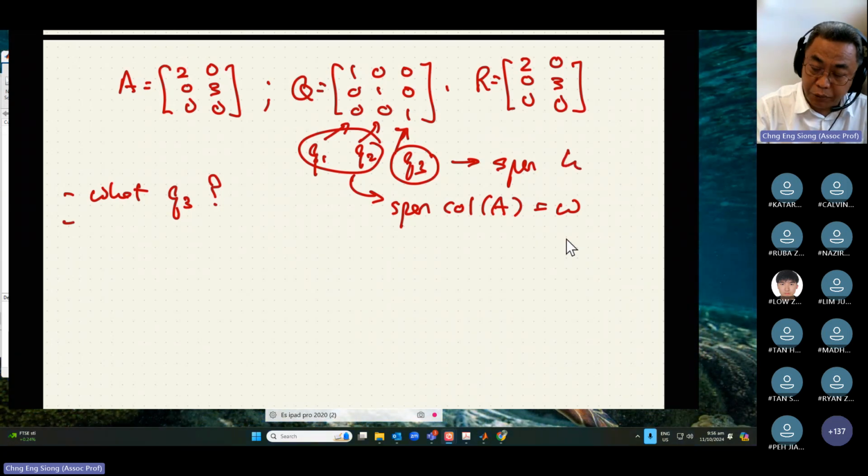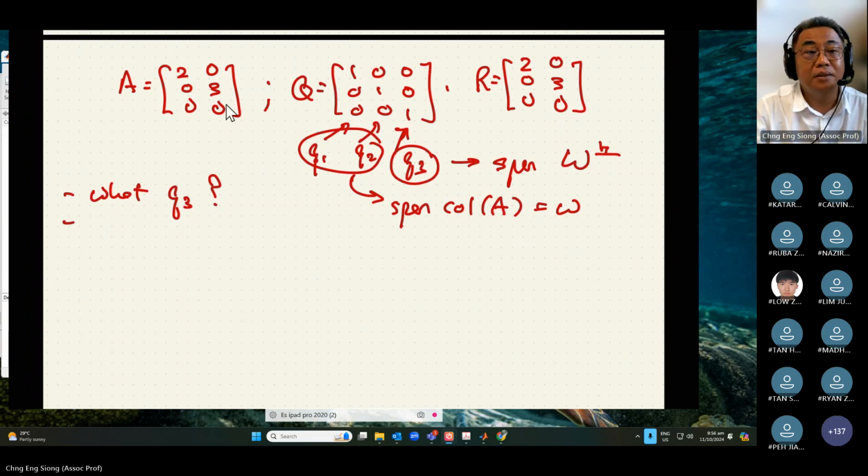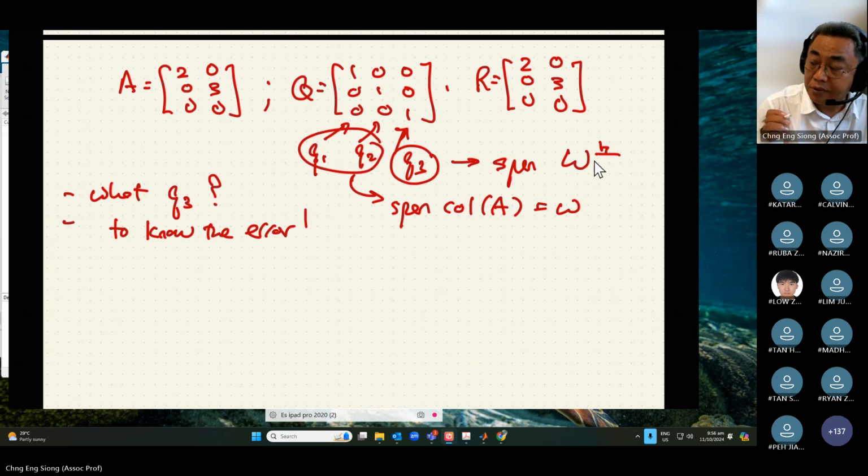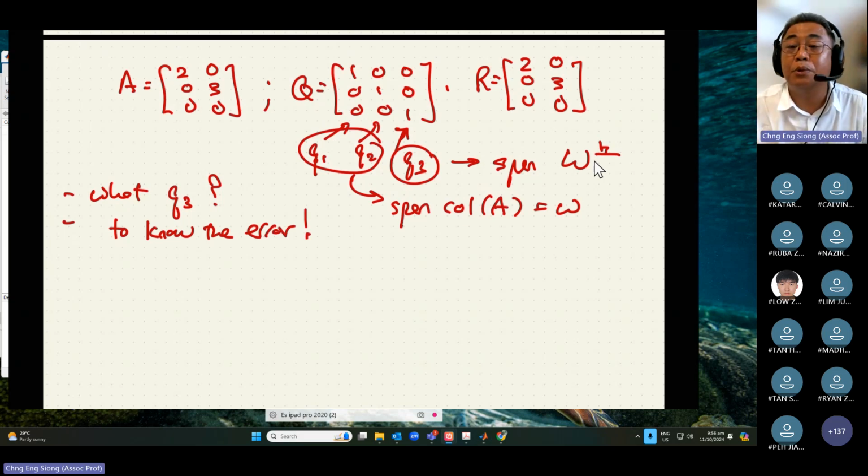Yes, W perp. And when do we want to use W perp? To know the error, right? Because the error will be projected into the W perp, if W is the space that we are projecting to. Y hat is sitting on W. E is sitting on W perp. So, the W perp.